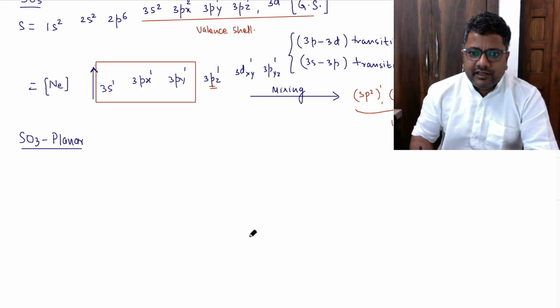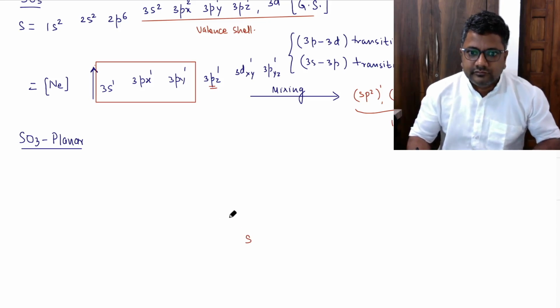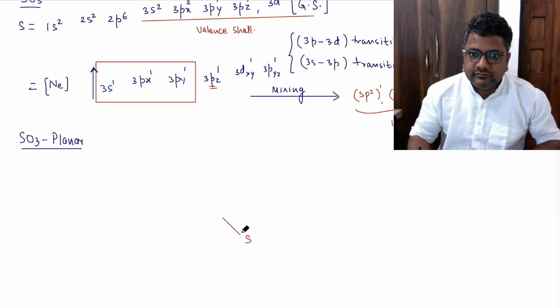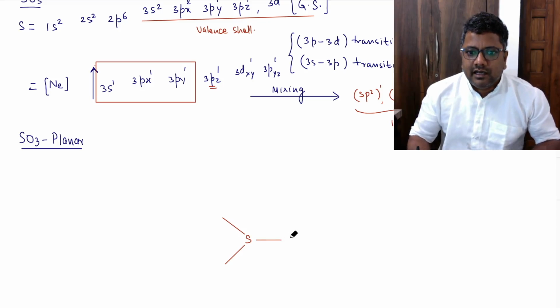So here I am taking sulfur. These 3 bonds will be at 120 degrees from each other, and 3 oxygen atoms are there.